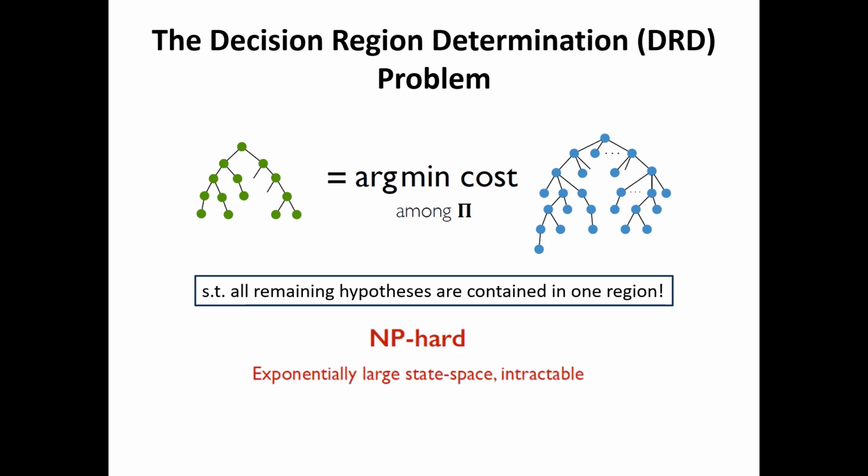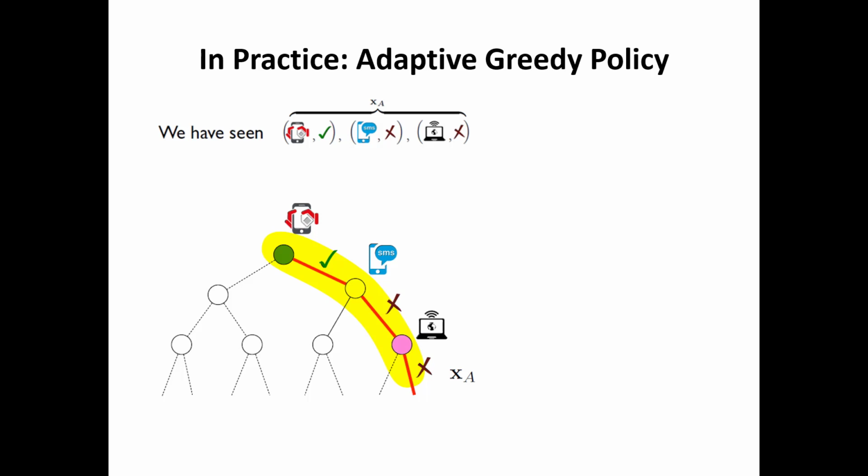This problem is NP hard in general, which means that in practice it is intractable. Therefore, in practice, usually adaptive greedy policies or adaptive greedy algorithms are used to solve this task.